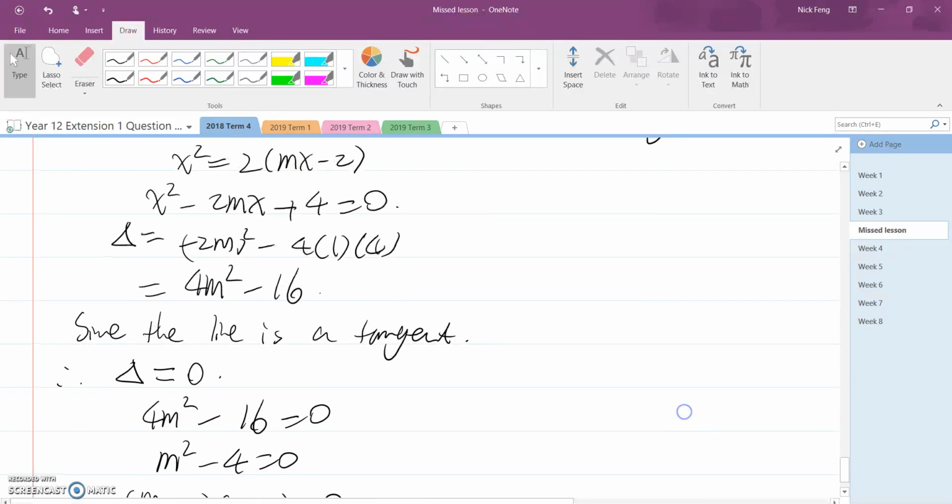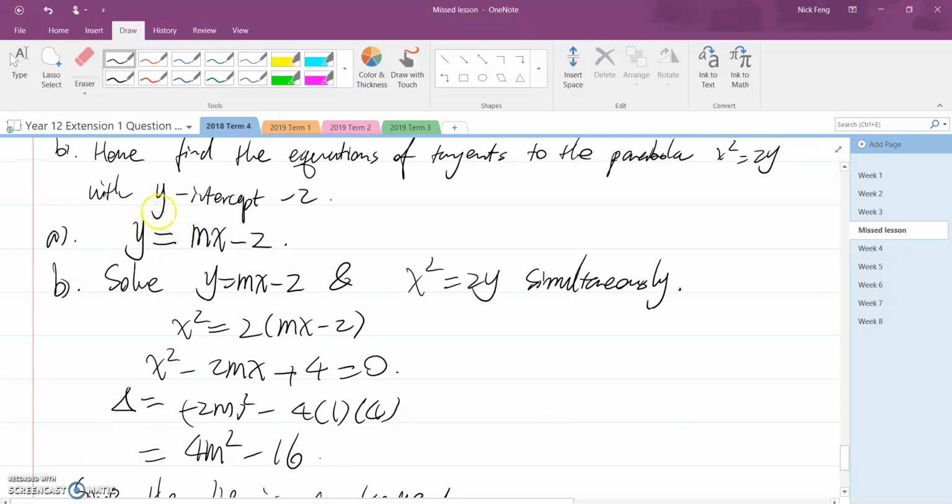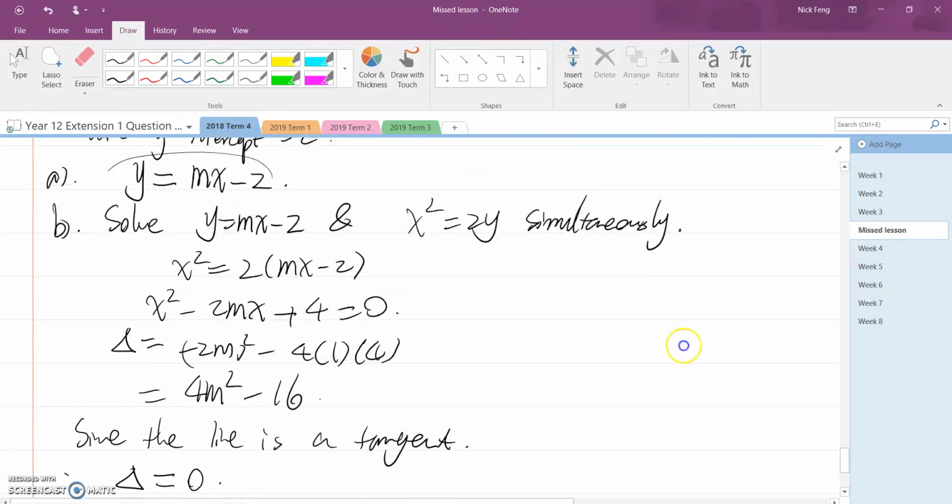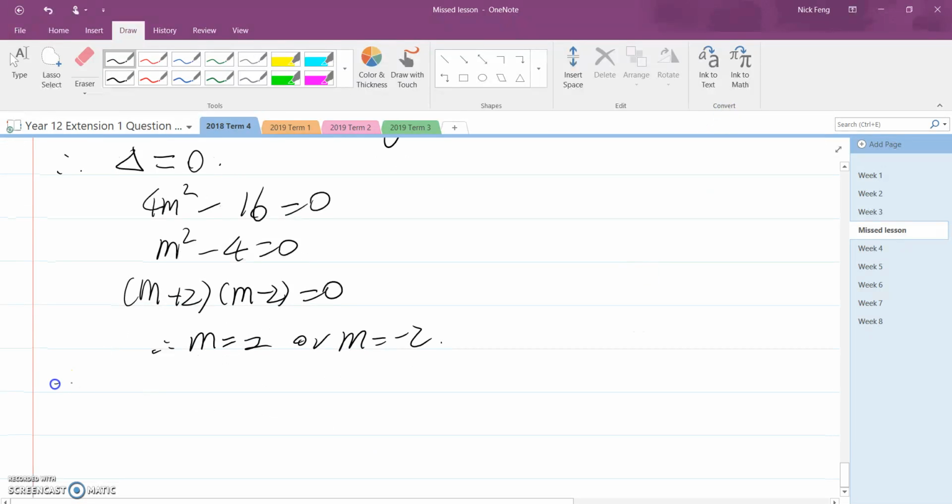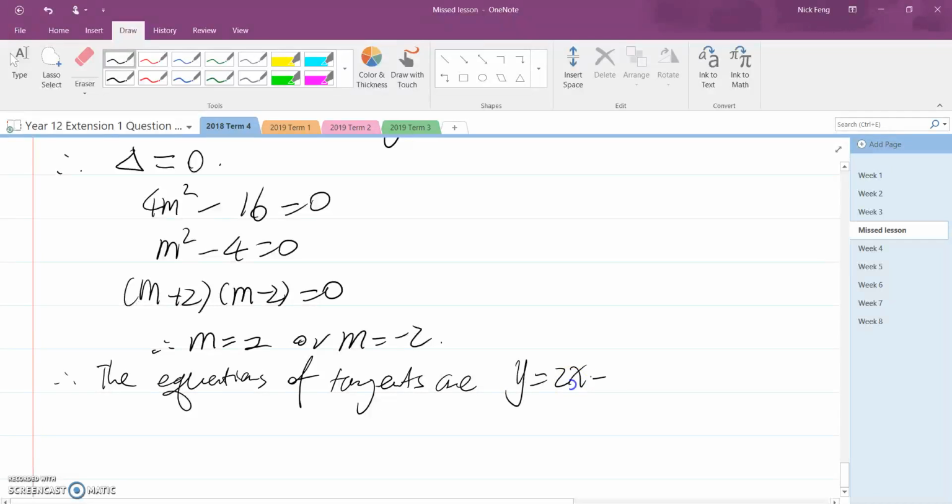And we need to substitute back into the equation of the line. Therefore, the equations of the tangents are y equals 2x minus 2 or y equals -2x minus 2. They both are tangent to the parabola x squared equals 2y.